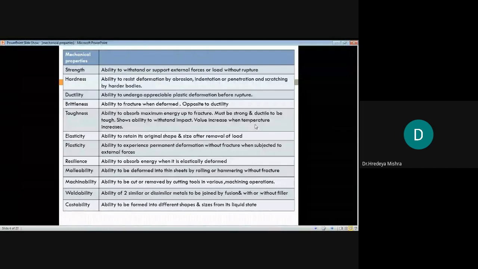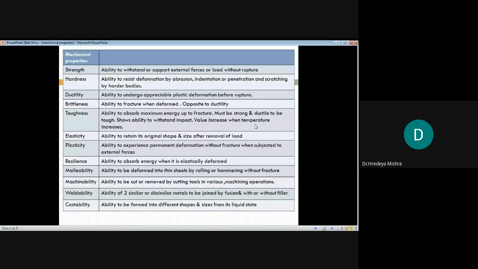Okay, plasticity. What is the plasticity? Plasticity is the property of the material by which the material undergoes permanent deformation.